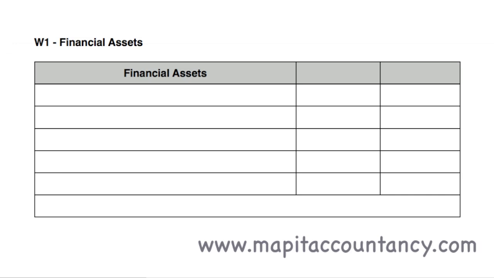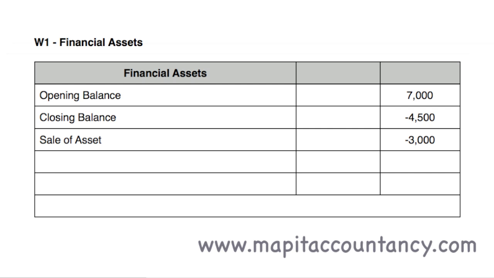So the next balance we come to are financial assets. So let's do our working for this to see if there are any cash flows we need to deal with. The opening balance on our financial assets, well, that was 7,000, less the closing balance of 4,500. Now, looking at the other information, we're told that we sold a financial asset during the year. We sold that financial asset and it had a value of 3 million.